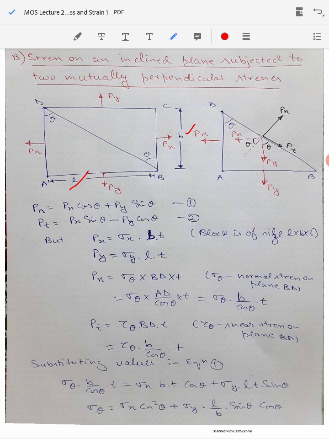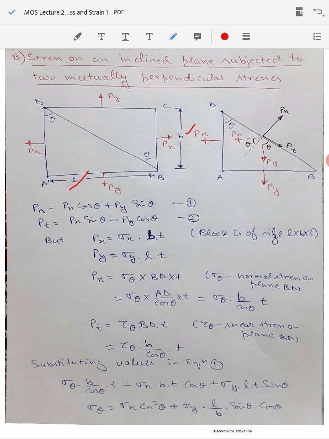So we need to determine the stress value on the plane BD, which is at angle theta to the BC. So let's draw this triangular portion ABD separately, and let's show the forces which are acting on it.